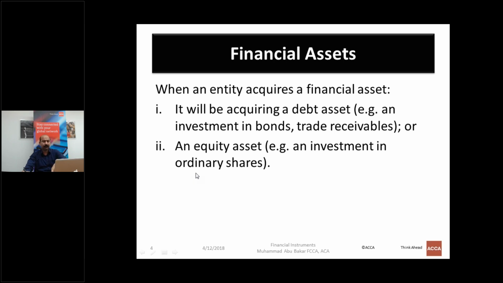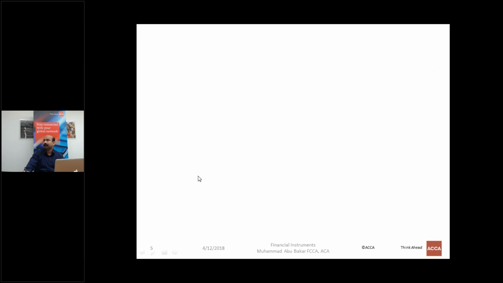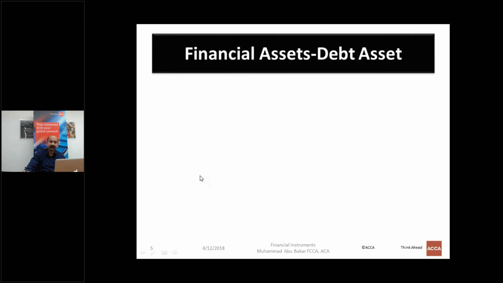Okay, first of all, we talk about debt asset. Debt asset where you have invested in the bonds of another company. Account receivable, where you have invested in the debentures of another company. So this is your debt asset.